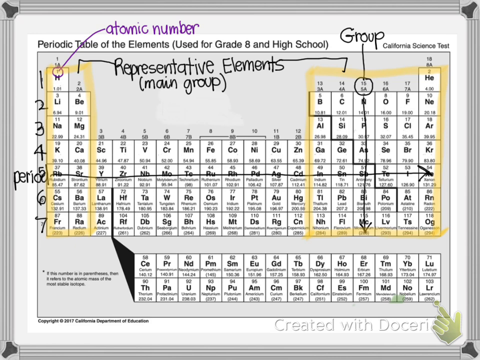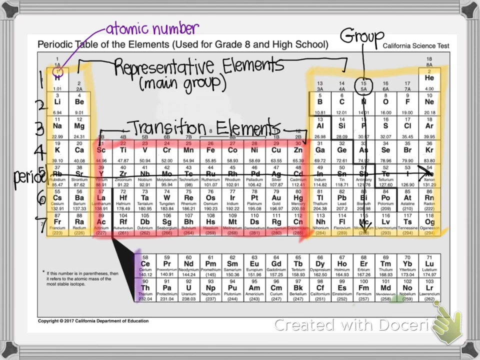Then in between those tall columns, we have these here in the middle. These all have the letter B as a part of their group numbers. And all of these are called the transition elements or the transition metals. And then finally, we have the last big group on here.